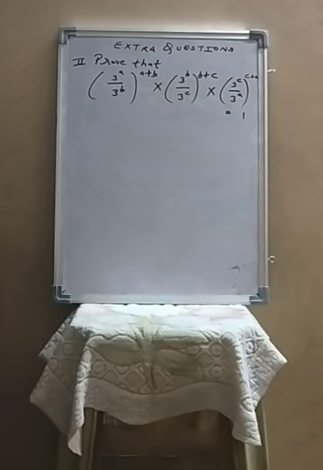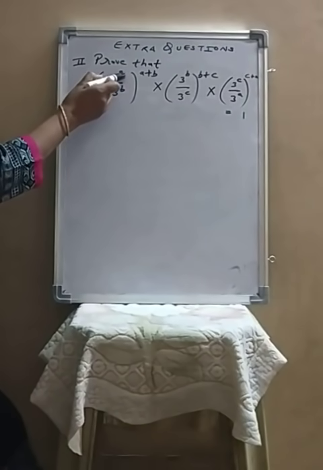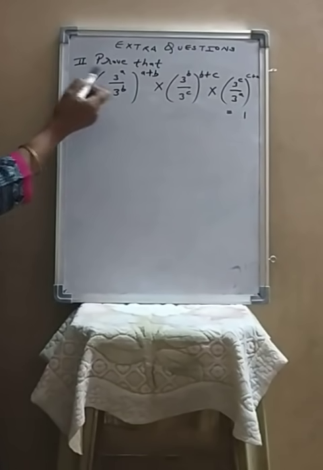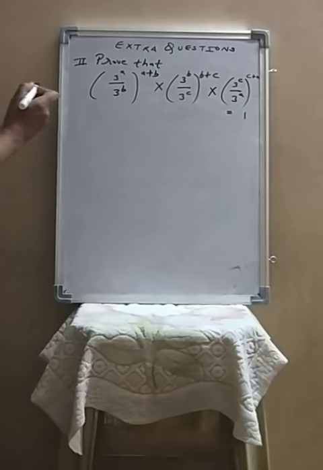So to prove this, we need to apply the laws of exponents. Now, as you can see in the bracket, we have 3 raised to power a, 3 raised to power b. As the bases are same and the numbers are in division, we can apply the law that if the bases are same, we can subtract the powers. So let us use that law here.